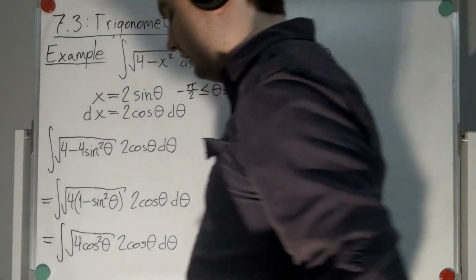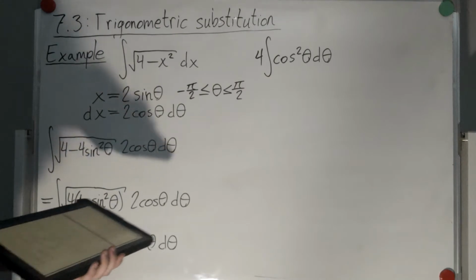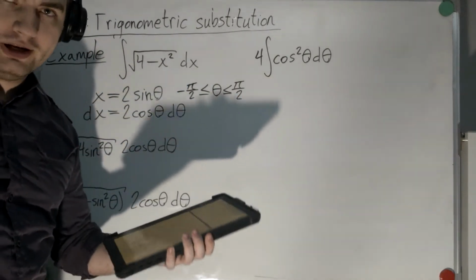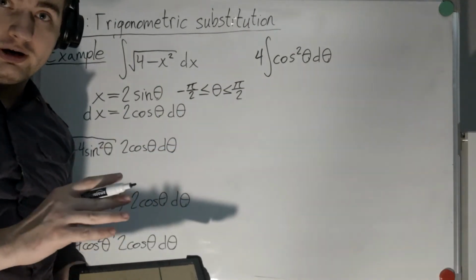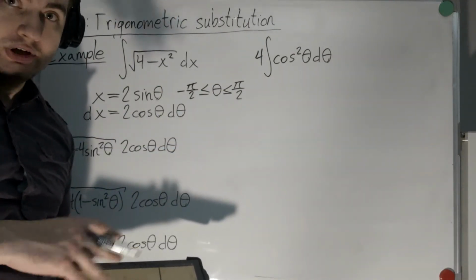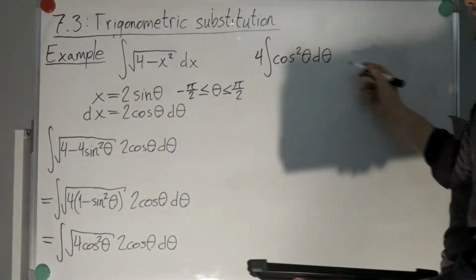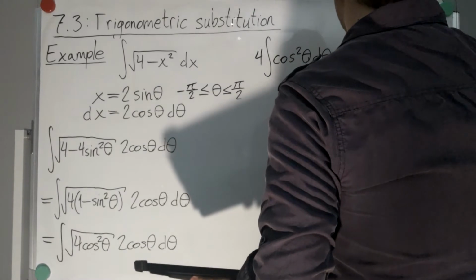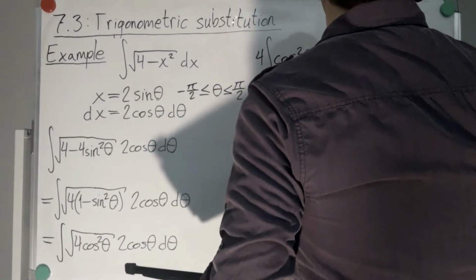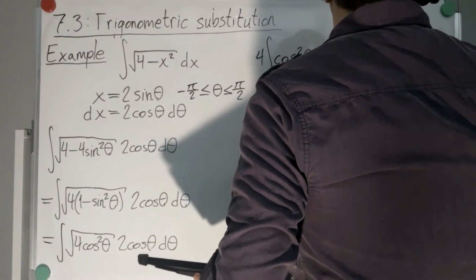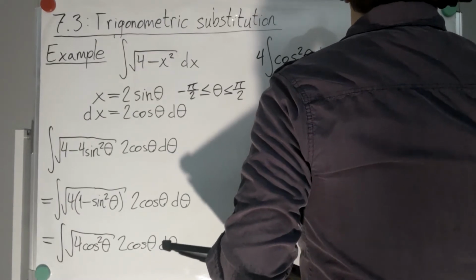Now this one, we can't handle this directly, because cosine squared, we have an identity for turning that into just cosine of something. We know that cosine squared theta is the same as 1/2 times 1 plus the cosine of 2 theta. So this is 1/2 times 1 plus cosine of 2 theta d theta.